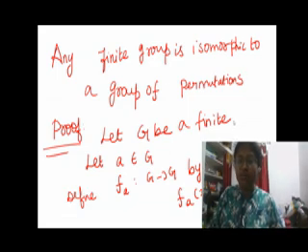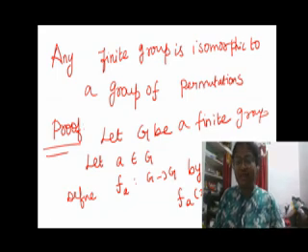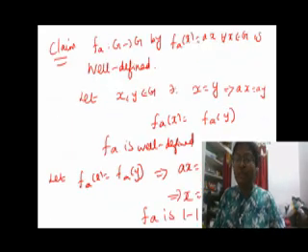I'm taking an element a from G, and I'm defining a function f_a based on the element that I have taken. f_a is defined from G to G by f_a(x) = ax for every x in G. After that, I proved that whatever I have defined here is a well-defined function as well as a one-one function.